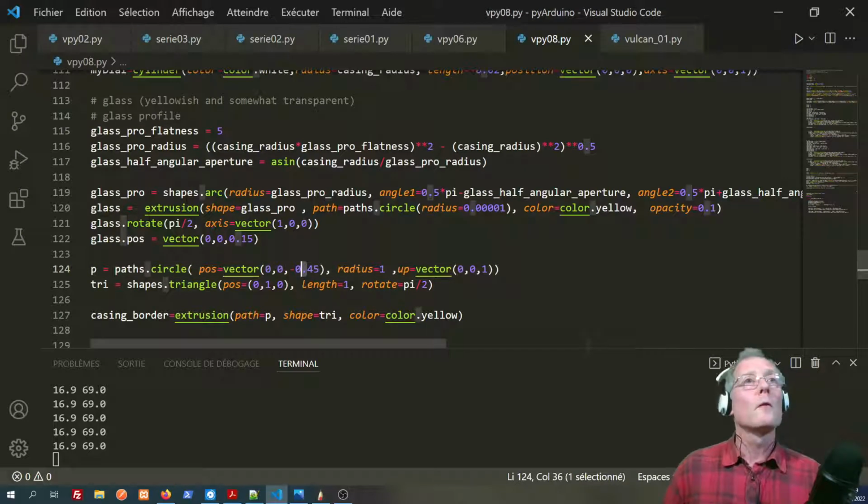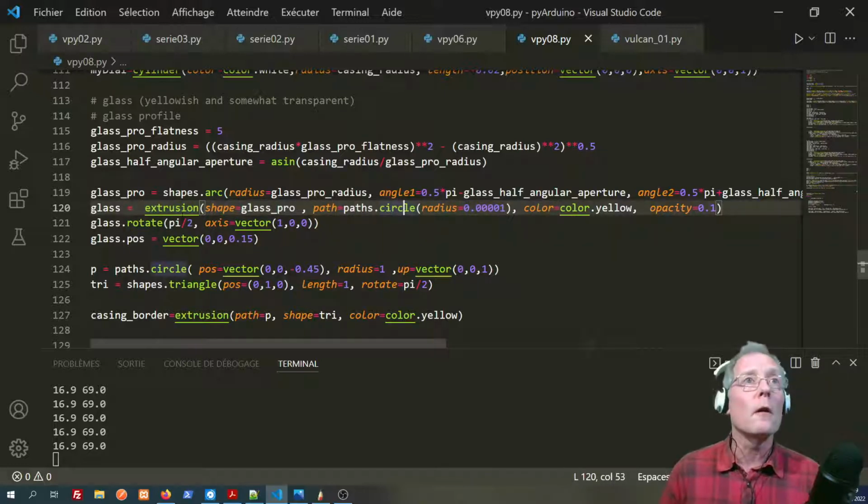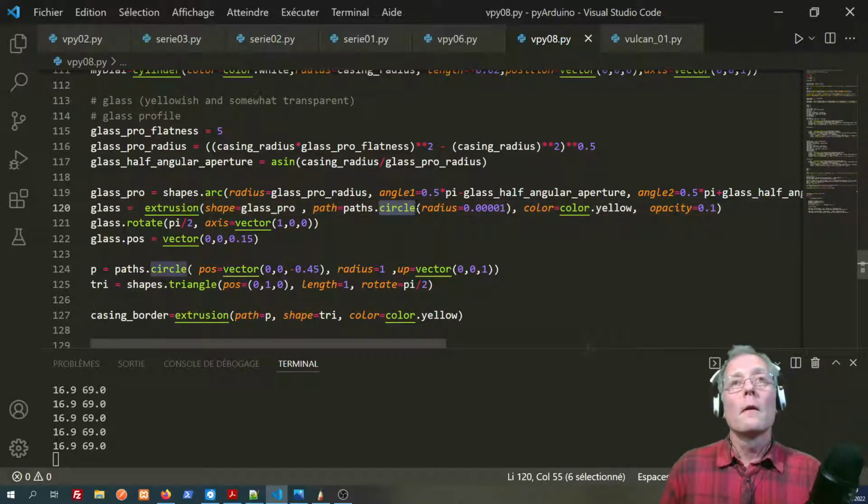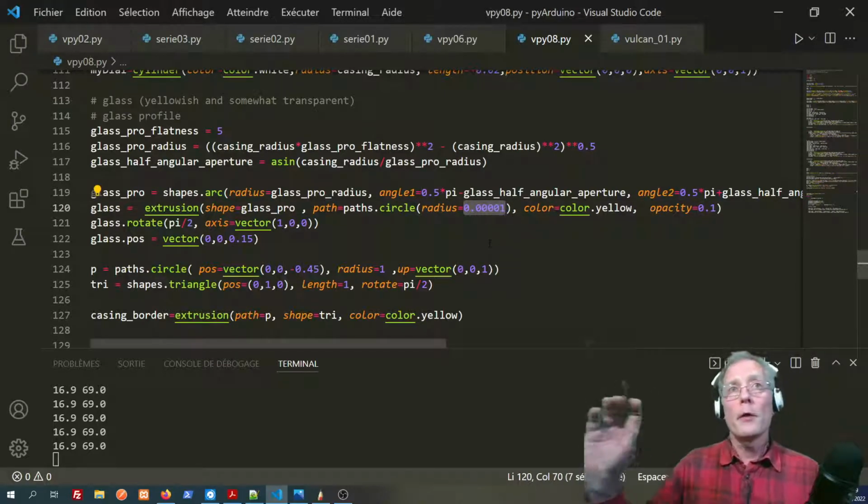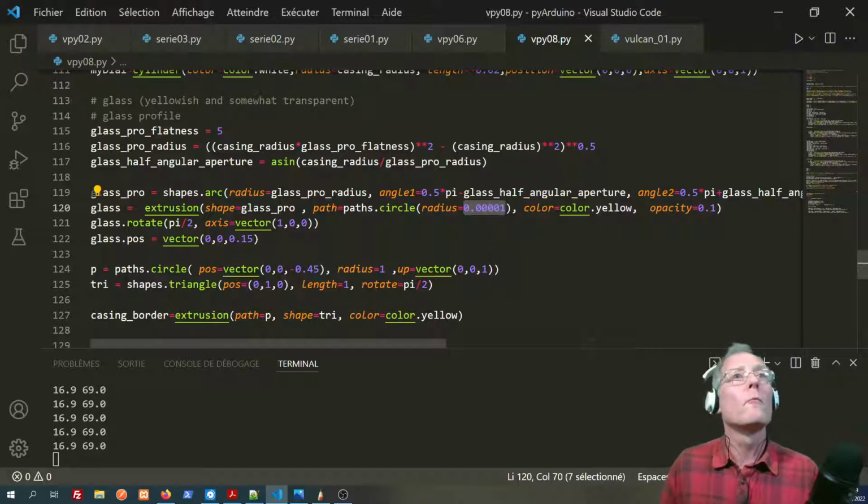Then we just make the extrusion here. Just a little bit of cheating because I use a circle of very, very small radius, and we make a revolution.